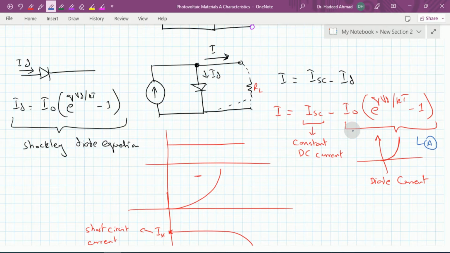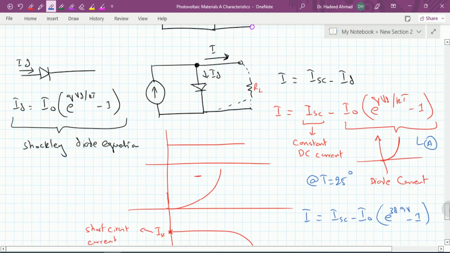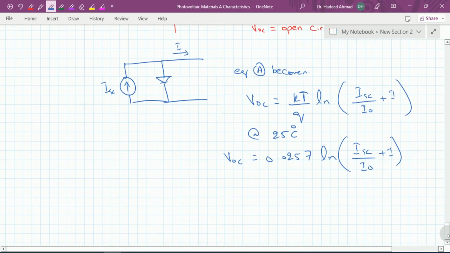Also, if we put the value of T equals 25 degrees centigrade, this equation number A becomes I equal to ISC minus I naught e to the power of something minus 1, right?